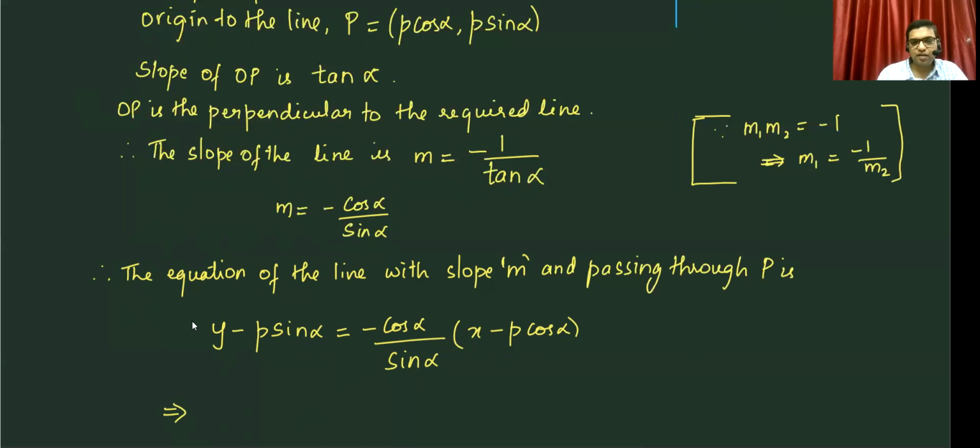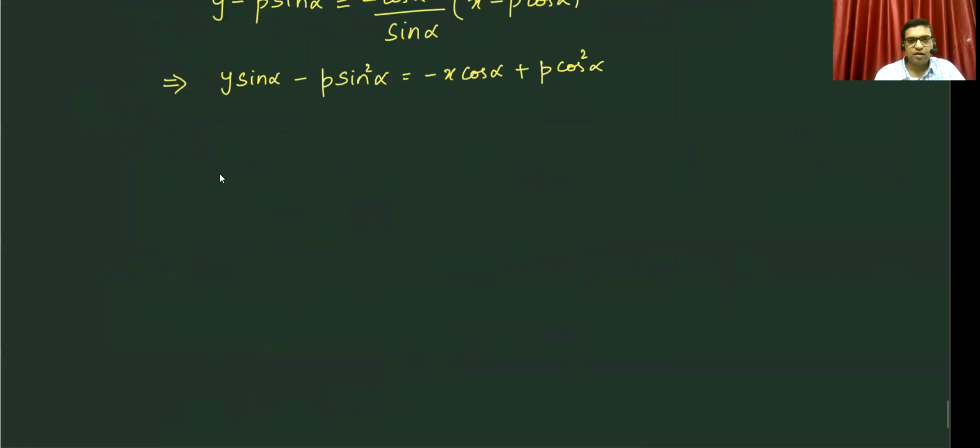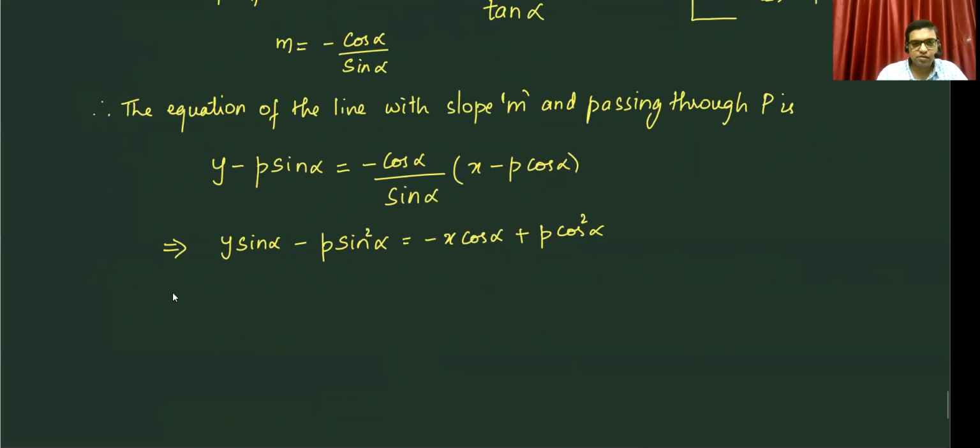Now you cross multiply this one, you get y sine alpha minus p sine square alpha is equal to minus x cos alpha plus p cos square alpha. Rearrange the terms. Bring this x cos alpha to the left hand side, and bring this p sine square alpha to the other side, and take p common.